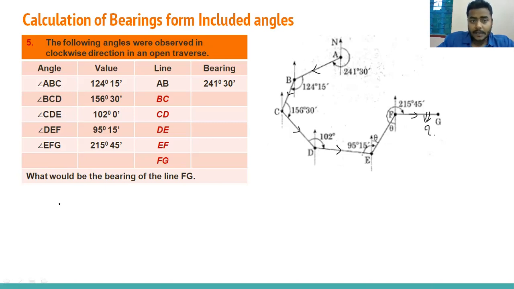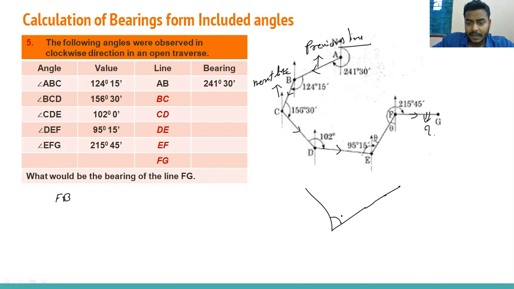Now we can calculate BC, the forebearing of line BC. What is the formula? Forebearing of next line. Now I'm working at B. So for this case B, this would be the next line, and this would be the previous line. Don't be confused with this. This is a very simple expression.